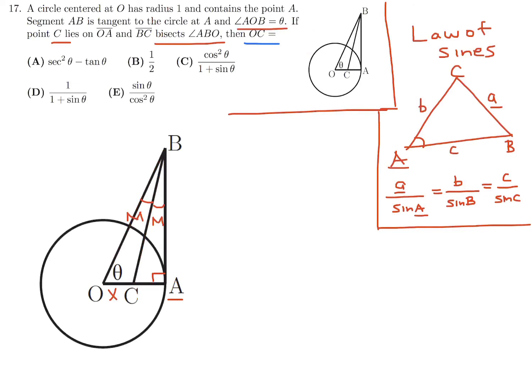In that triangle, I will use the law of sines as follows: BC over the sine of theta is equal to OC over the sine of m.